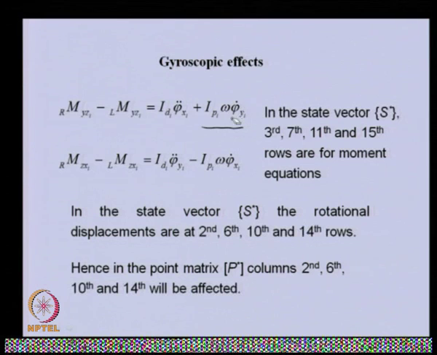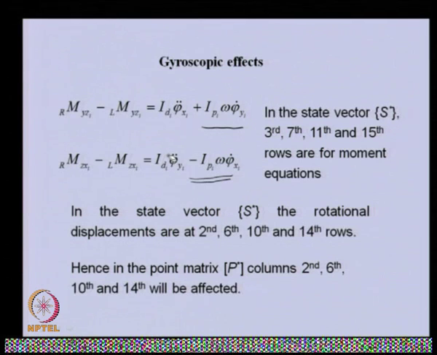That is why this angular velocity or precession is phi y instead of phi x. This is one of the equations which will be affected. Apart from this, the bending moment in the zx plane also we need to write here, and in this case one additional gyroscopic term will appear apart from the rotary inertia.